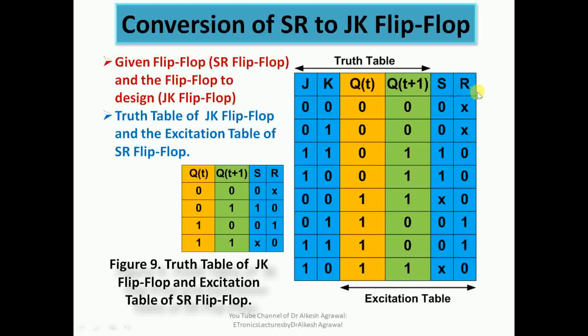Now on this basis we will generate two K-maps, one for S and one for R, and here we plot these values 1, 1, cross and cross. So we plot these 4 values. Out of these 4 we have 2 min terms and 2 don't care conditions, and for R also we have 2 don't care conditions and 2 min terms.